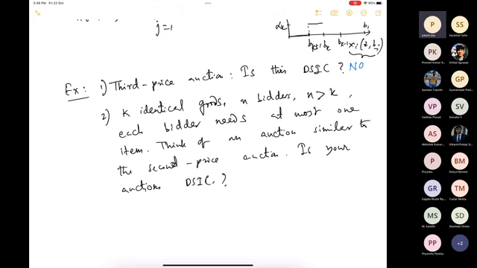I claim that this follows as a corollary from Meyerson's lemma, that the third price auction is not DSIC. Why is this not DSIC?